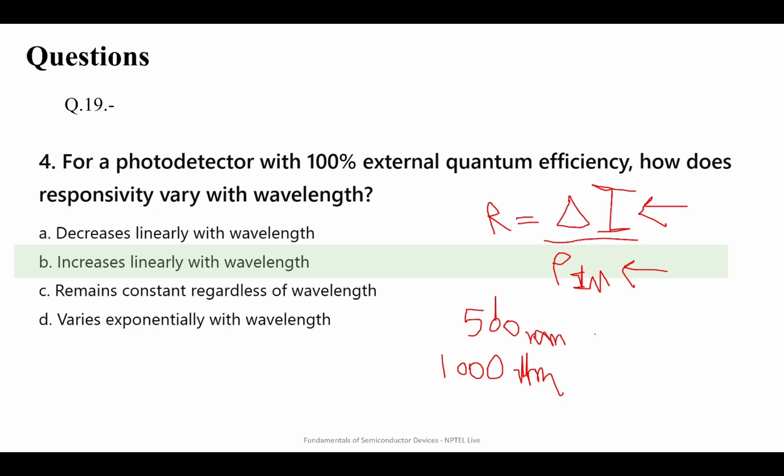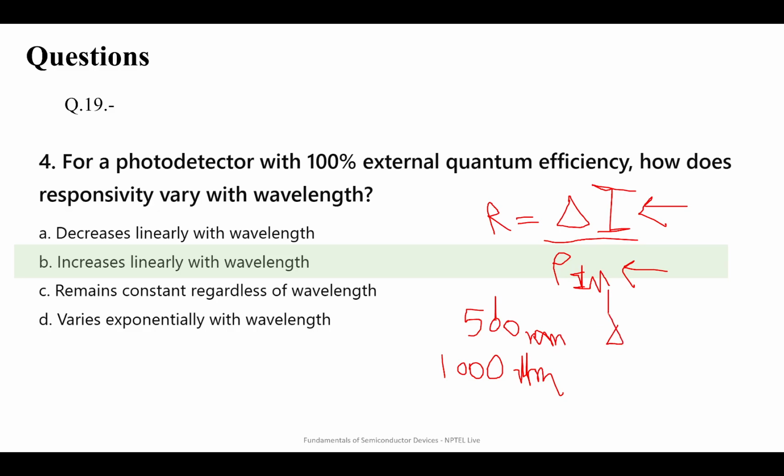Okay, sir, I think if lambda changes, energy will be high for lower values of lambda, so the current will be changed. Yeah, current is changing in both cases.